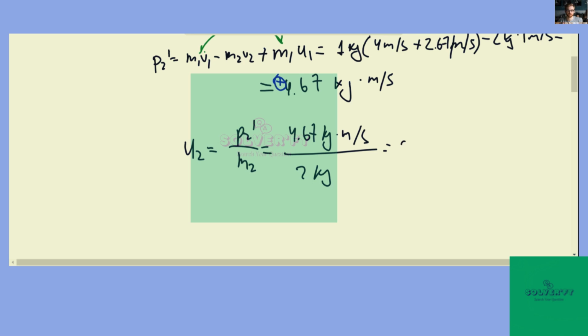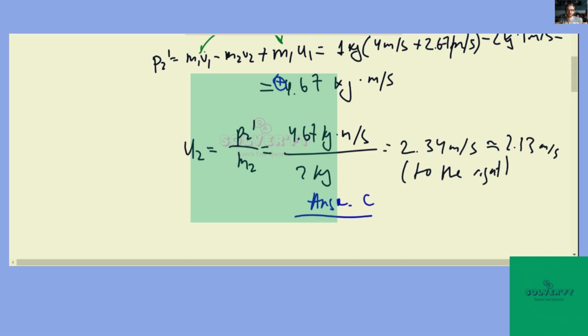It equals 2.34 meters per second, directed to the right. So 2.34 is close to 2.33 meters per second. Therefore, the answer to this question is answer C, 2.33 meters per second to the right.